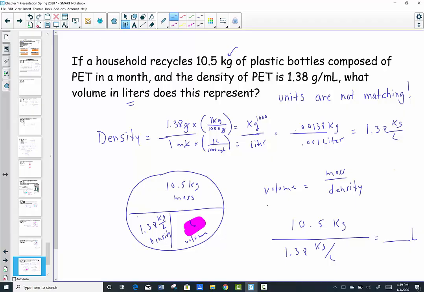How many sig figs? 3? 7.61 when I'm done rounding. The screen says 7.608 and on, so 7.61.